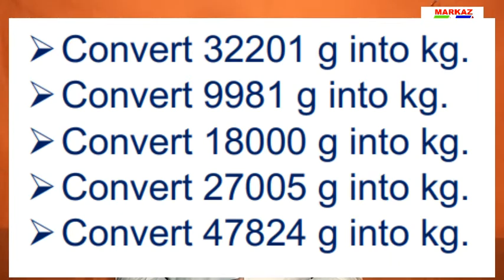Convert 32,201 grams into kilogram and grams. 9,981 grams into kilogram and grams. 18,000 grams into kilogram and gram. 27,005 grams into kilogram and gram. 47,824 gram into kilogram and gram. Okay, find the answer yourself within 3 minutes.